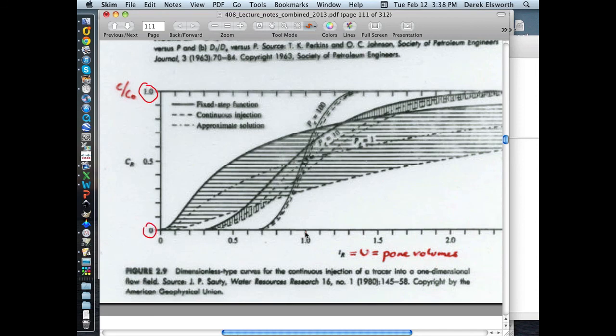This is pore volumes, where a pore volume of 1 is the important one, and it's the solid curves which represent the particular boundary condition that we looked at here, which is for a Peclet number of 100, a Peclet number in this particular case of 10, and a Peclet number in this particular case, I think, of 1, and of course a value of 0.1 I think would look like this.